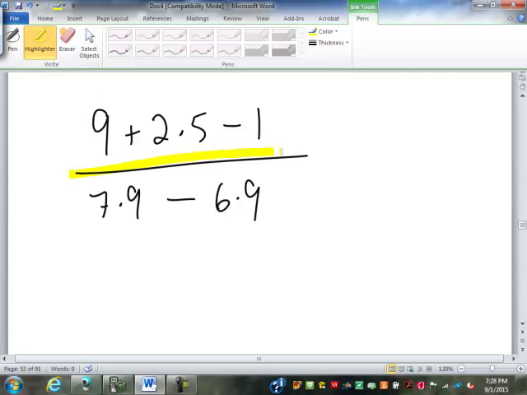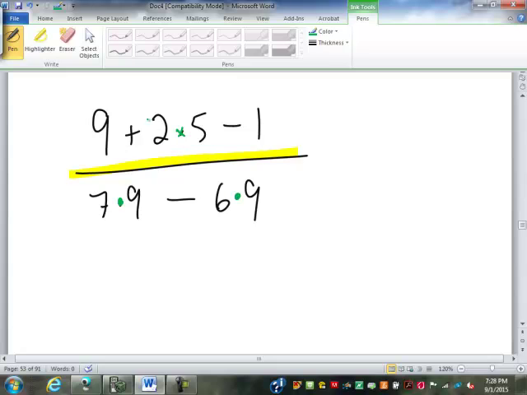Well, the fraction bar is an enclosing symbol telling us we have to do everything on top first. So on top, what do we need to do first? Careful, that's 2 times 5, not 2.5. I should have been more clear. My dot was a little low, that's my fault. These are times down here as well.